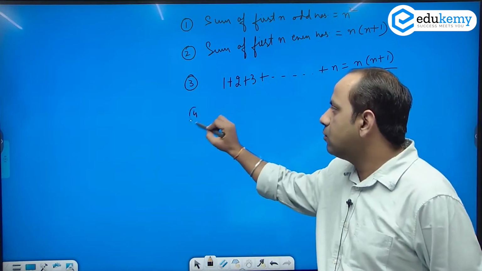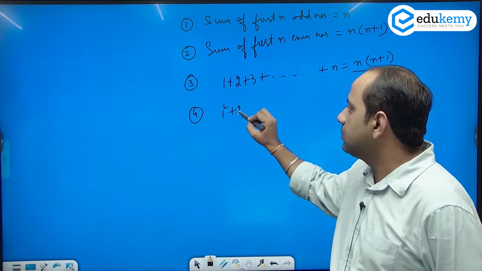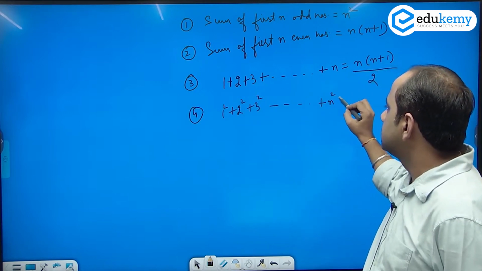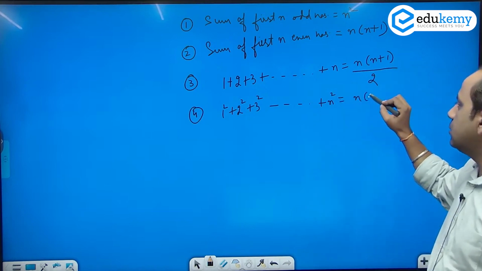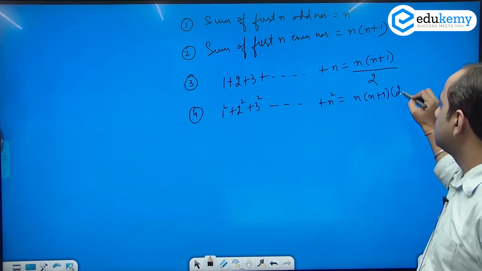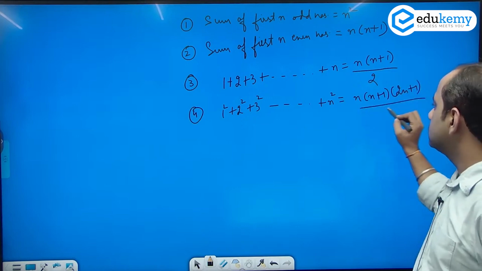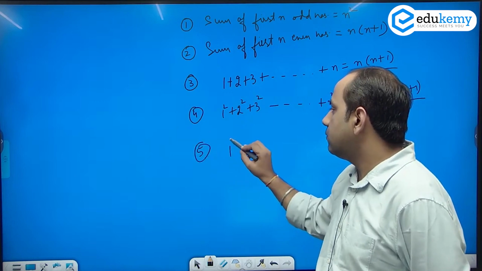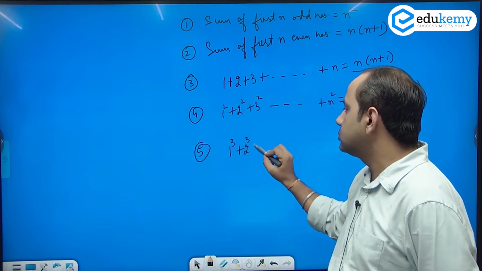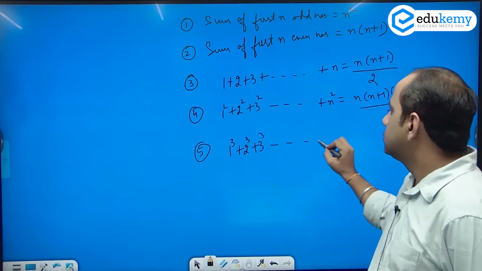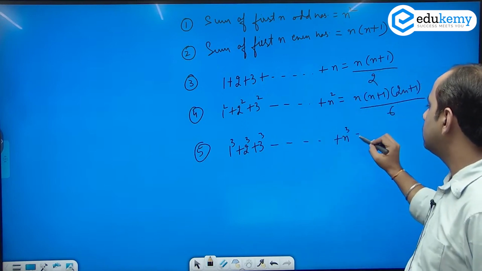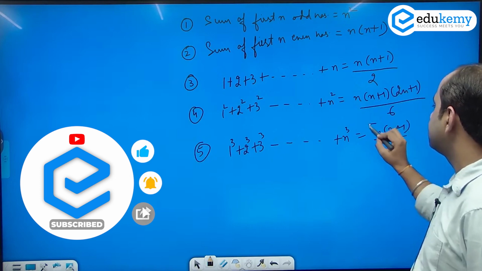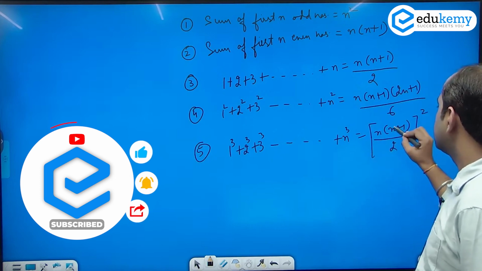If I take the sum of all squares, 1 square plus 2 square plus 3 square and so on up to n square, this is equal to n into n plus 1 into 2n plus 1 upon 6. And if I add the sum of all cubes, 1 cube plus 2 cube plus 3 cube and so on up to n cube, this is equal to n into n plus 1 divided by 2, whole square. Is it okay?